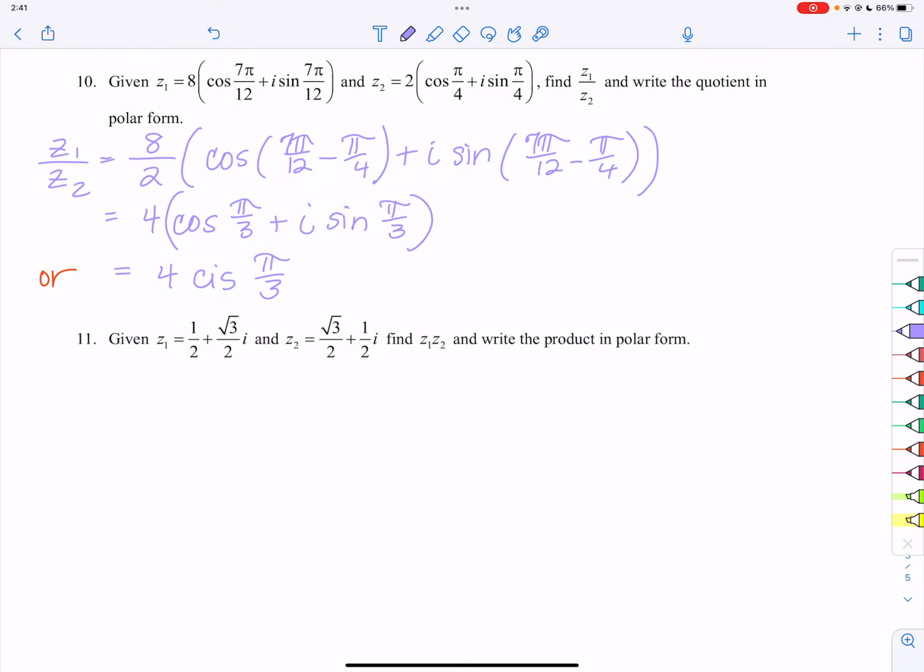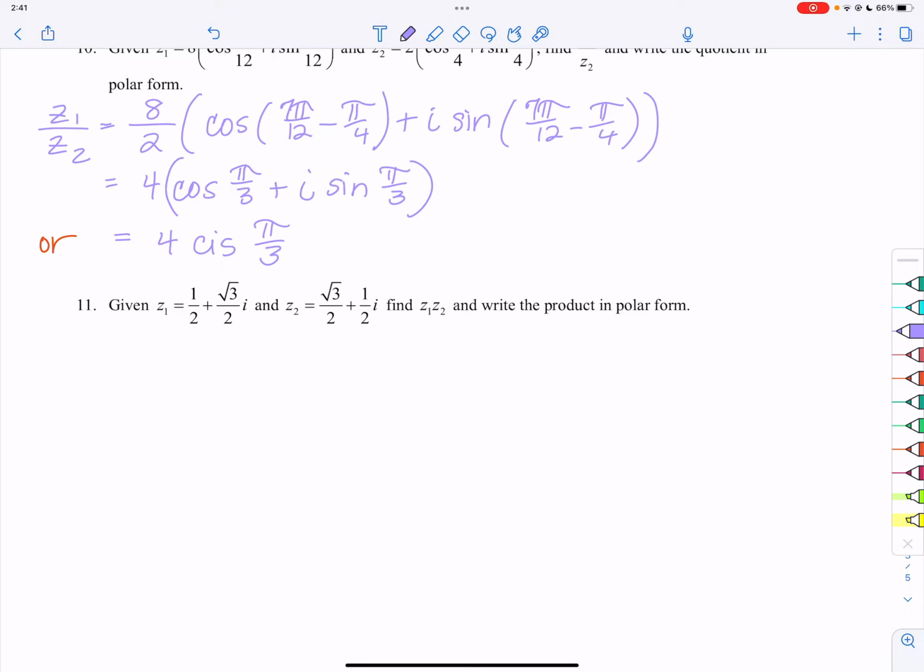Okay, let's take a look at number 11. We're given z1 and z2, and now we're going to write their product in polar form. So as you can see, z1 is in quadrant 1, and also z2 is in quadrant 1. So let's write that down. z1 is in quadrant 1, and we also have z2 is in quadrant 1.